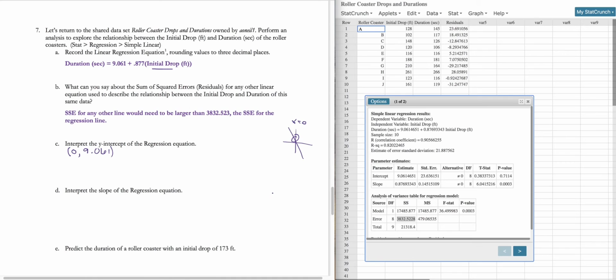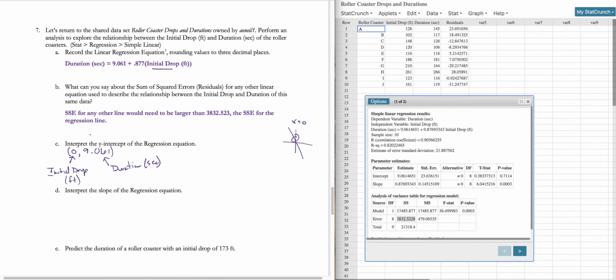But what does this represent in the scope of our data? Well, remember, our x-coordinate is the initial drop measured in feet, and our y variable is the duration of our ride measured in seconds.